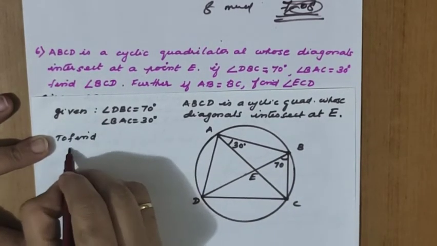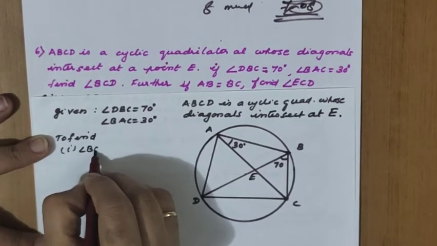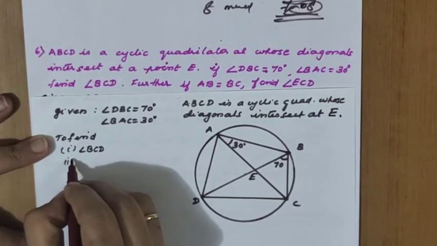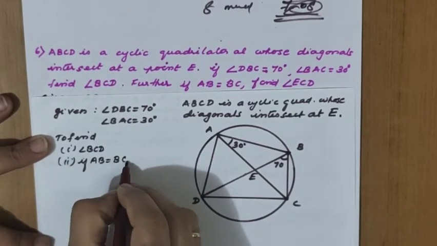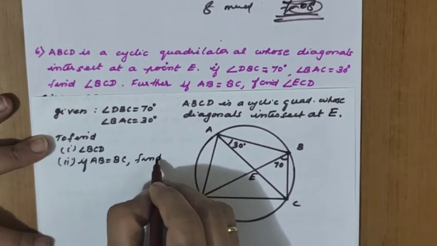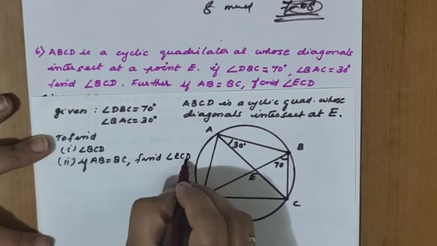In the first part, we have to find angle BCD. Second part, if AB equal to BC, find angle ECD.